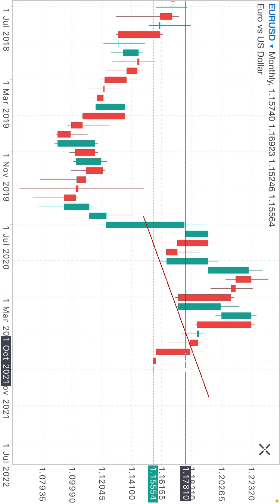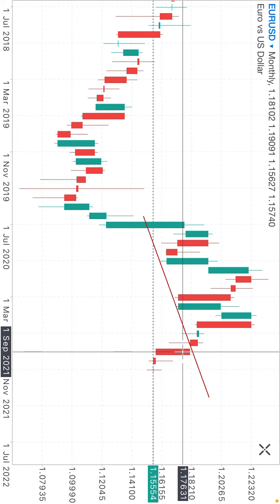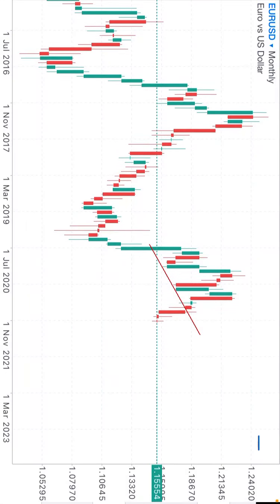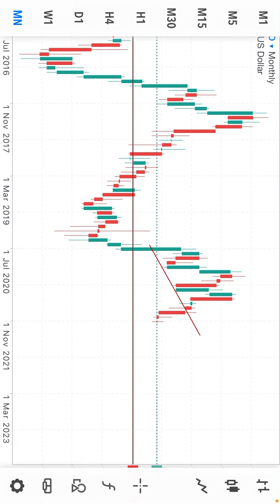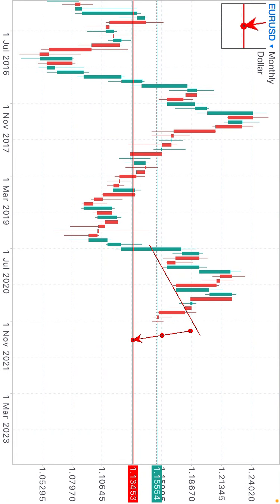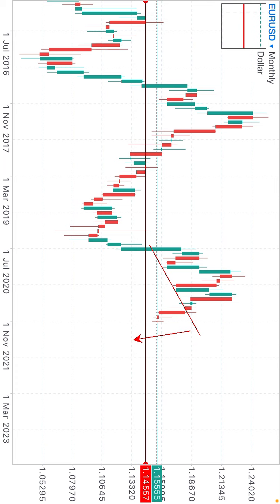And now it has recently broken that support zone, and now we expect the market to provide a move to the next support zone. So as you can see from the monthly time frame, the market seems quite bearish. We're expecting the market to provide a move to the next support zone on the monthly time frame. You understand? Okay, this is the next support zone.